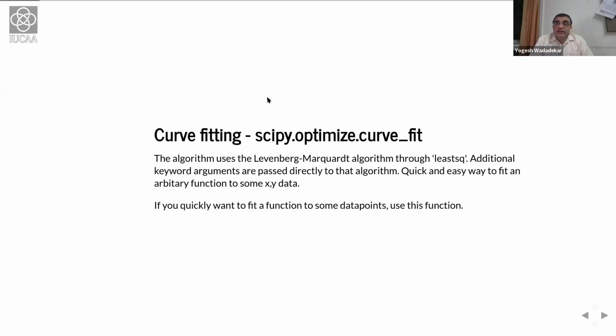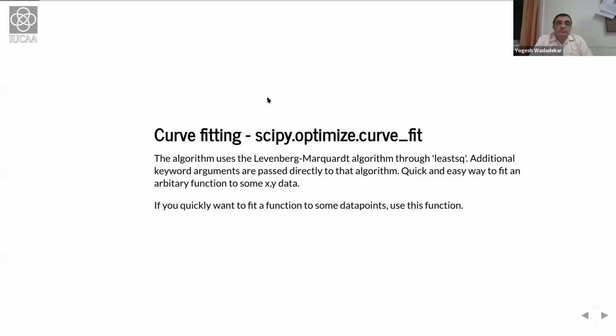So curve fitting is something that we often need to do, okay? And astronomers do it all the time. And one of the more useful functions for doing that is scipy.optimize.curve_fit.